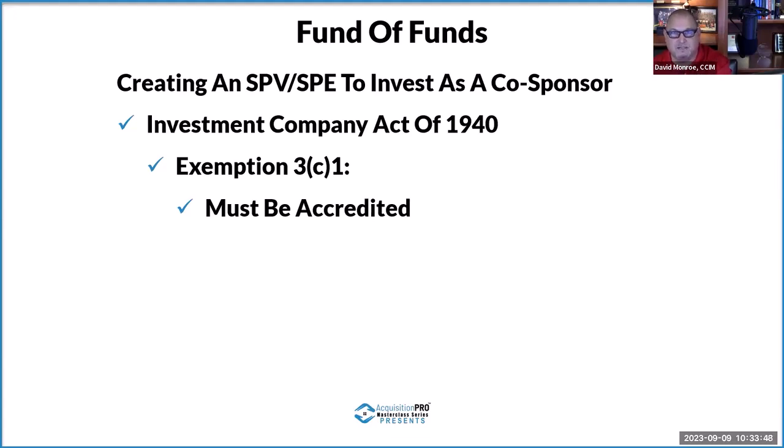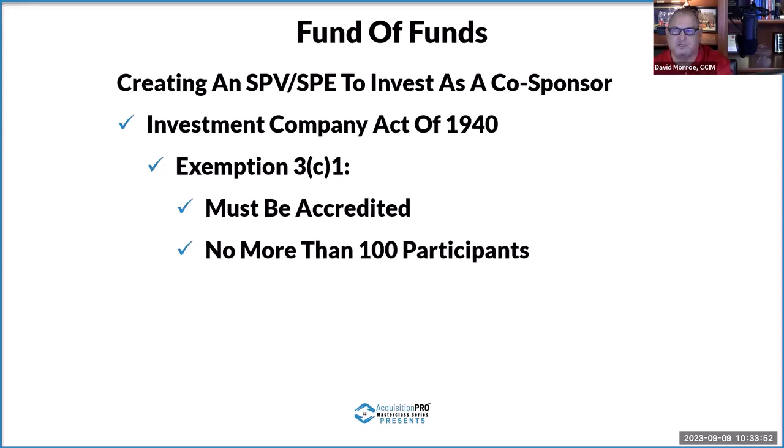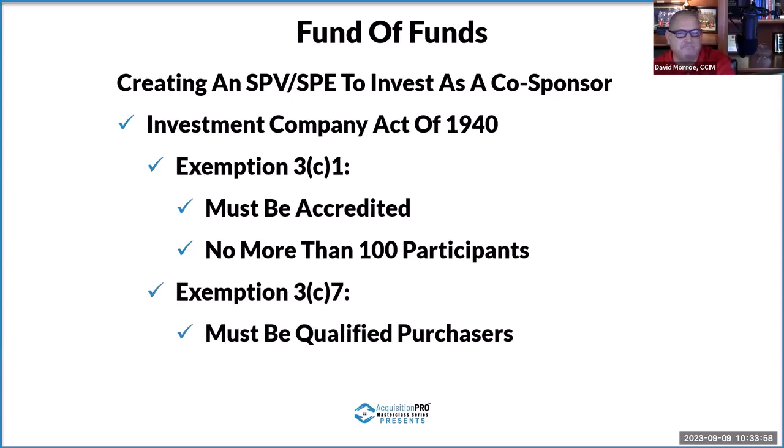Okay, that is the number one rule. And you can have no more than 100 participants. So you're limited. Under 3C7, they must be qualified purchasers, which basically means their net worth needs to be greater than $5 million.